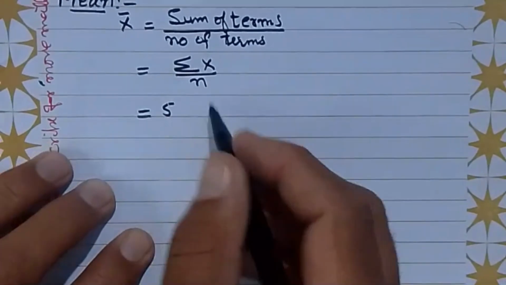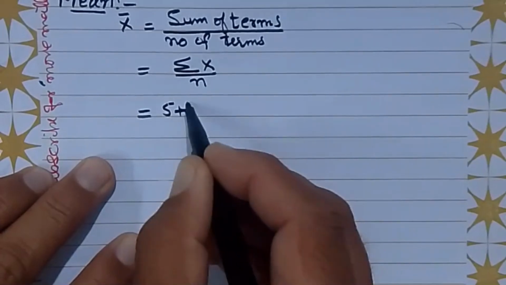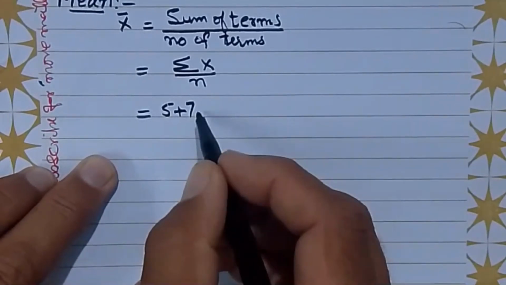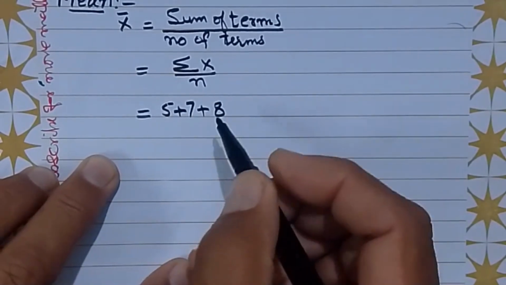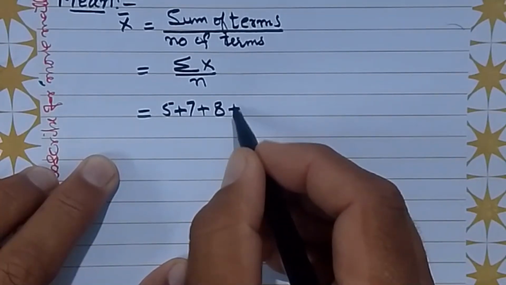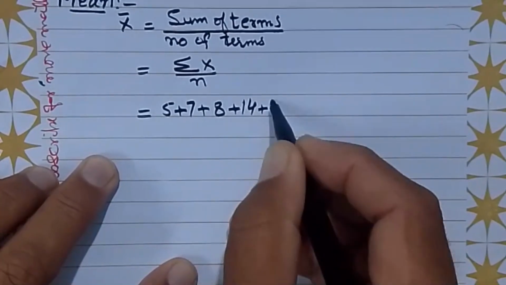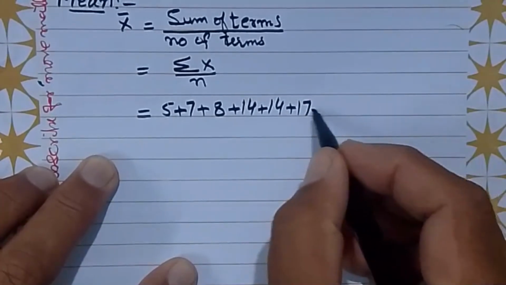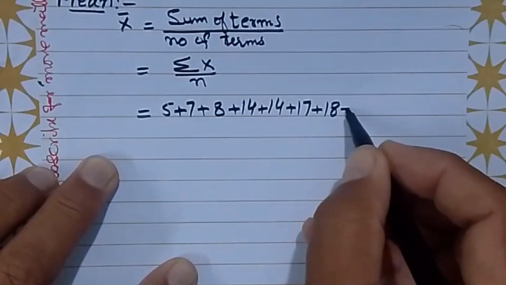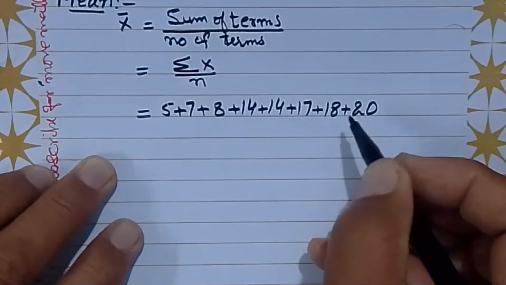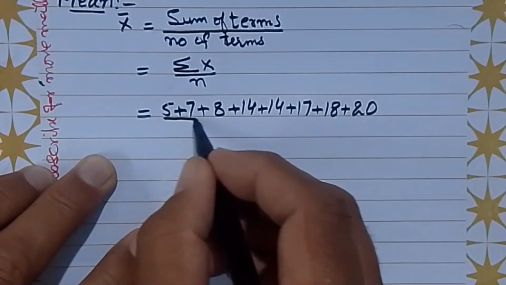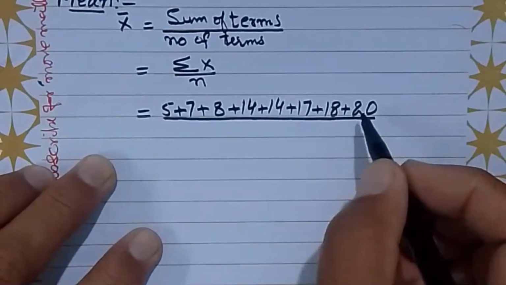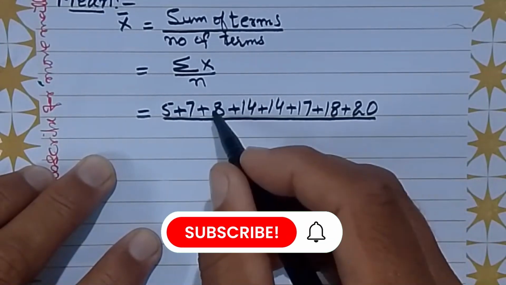Now we add all the terms: 5 plus 7 plus 8 plus 14 plus 14 plus 17 plus 18 plus 20, divided by the number of terms, 1, 2, 3, 4, 5, 6, 7, 8.